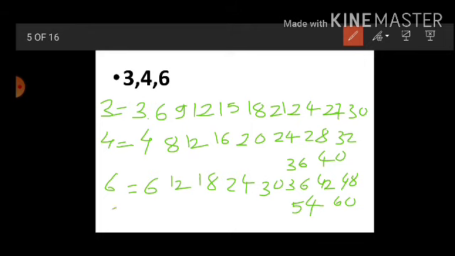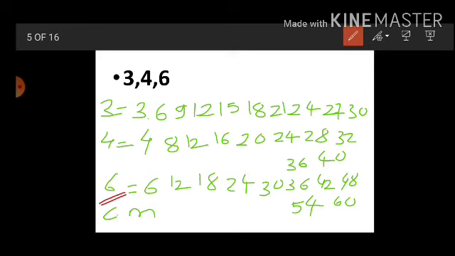Now we take out the common multiples. First we check the largest number, 6. 6 is a multiple of 6 and 6 is a multiple of 3. But 6 is not a multiple of 4. Then it is not a common multiple.